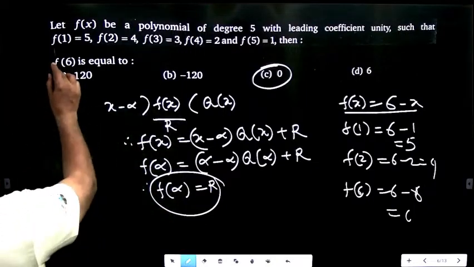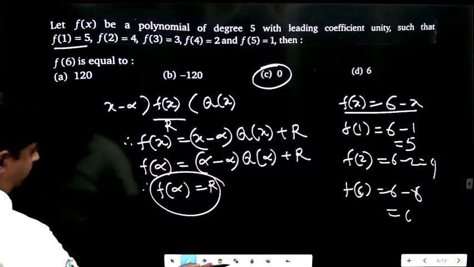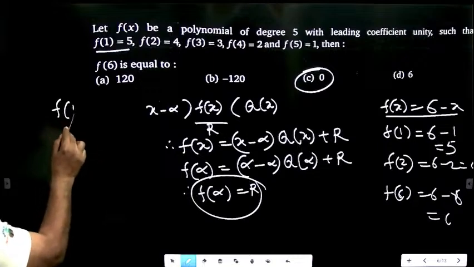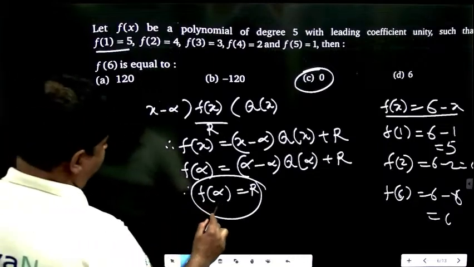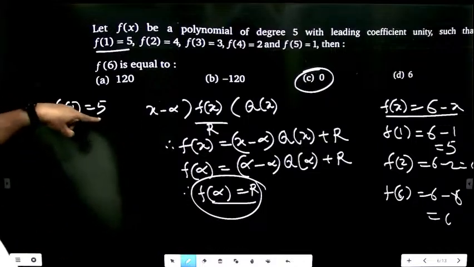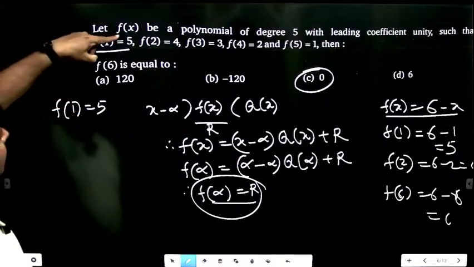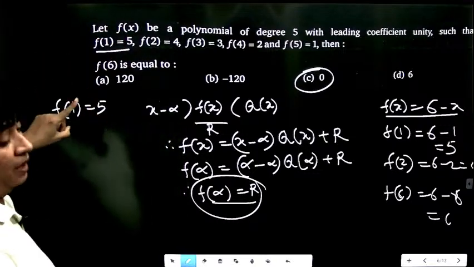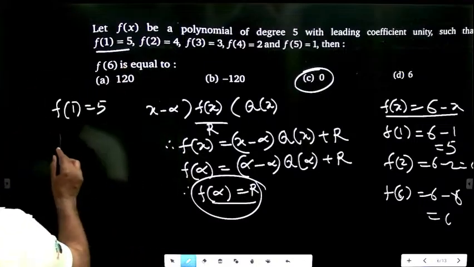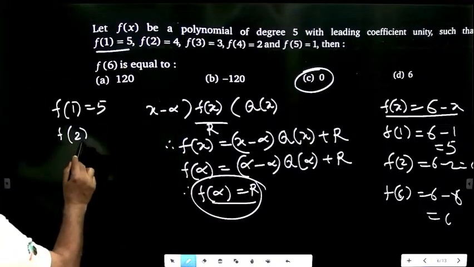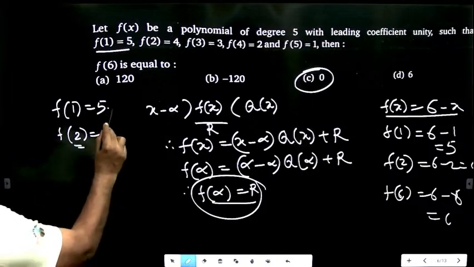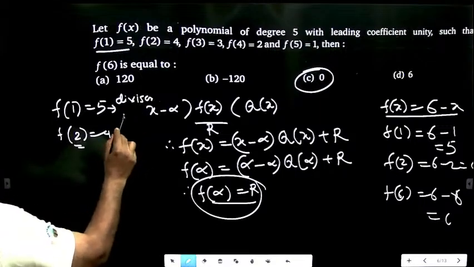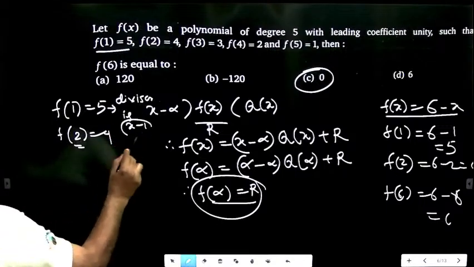तो यहाँ पे हमको क्या मिला? देखो, f1 is equal to 5, like f alpha is equal to r. तो f1 is equal to 5 का मतलब क्या है? fx को x माइनस 1 से डिवाइड करके ये रिमाइंडर मिलेगा. इसका मतलब क्या है? fx को here divisor is x minus 1.